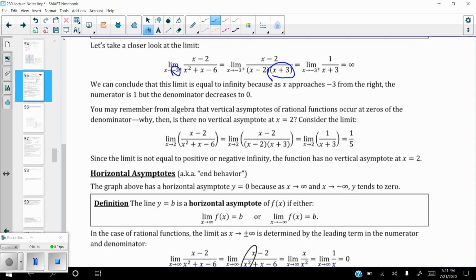And once I actually factor it all the way and then simplify by crossing off the x minus 2's, because those will divide out, all I'm left with is 1 over x plus 3. Plugging -3 again into here gives you 0. So what that's really saying is that the numerator stays constant while the denominator is getting really, really small.